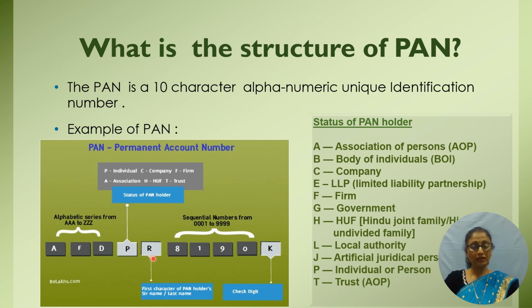For example, if the name of a person is Rajiv Sharma, then the fifth character will be S. If the name of a person is Rohit Kumar, then the fifth character will be K. But in case a person has no surname, for example Mr. Rajiv, then the fifth character will be the first letter of the first name, that is R. The next 4 characters are numeric, representing digits ranging between 0001 to 9999. And the 10th character is an alphabetic check digit that runs from A to Z.